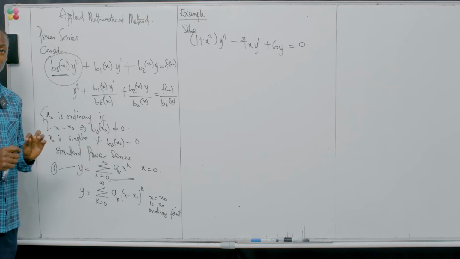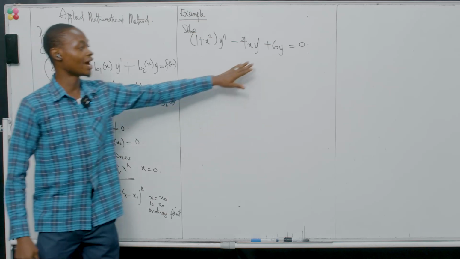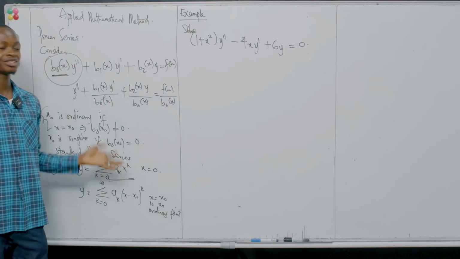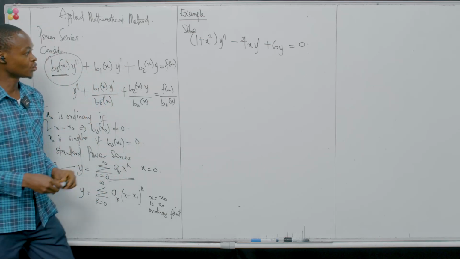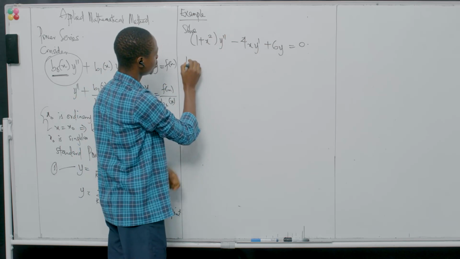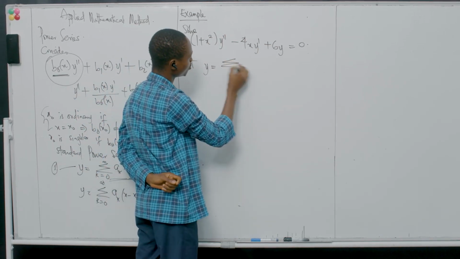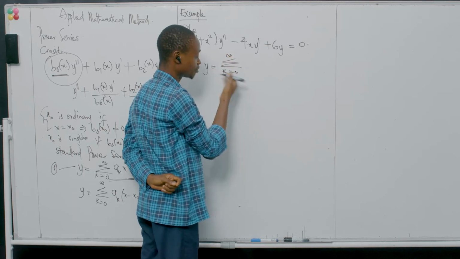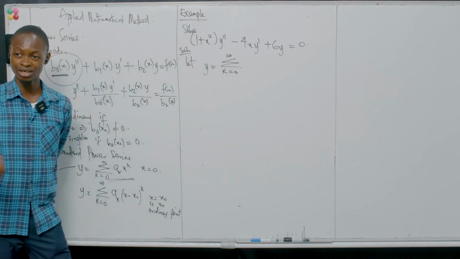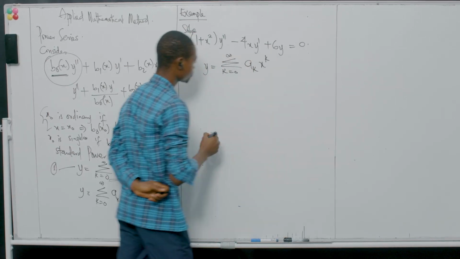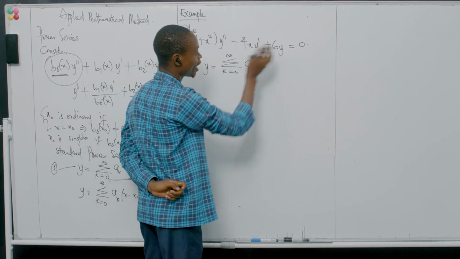Our goal is, anywhere we see y or the derivatives of y, we replace it with the power series solution. So let y be equal to the summation, k starting from 0 to infinity. Remember, it doesn't always have to be k; you can use something else if you like. a_k x raised to the power k. This will substitute for y, no problem.